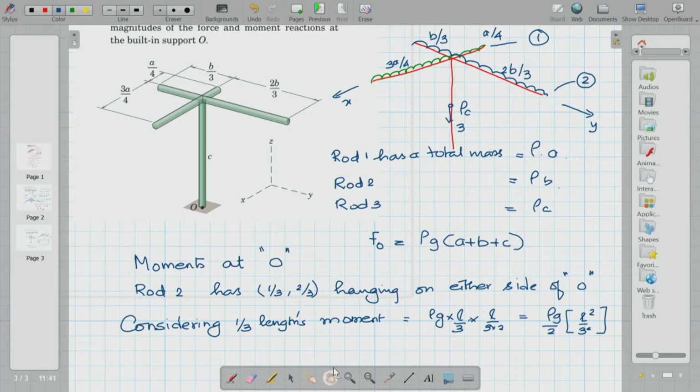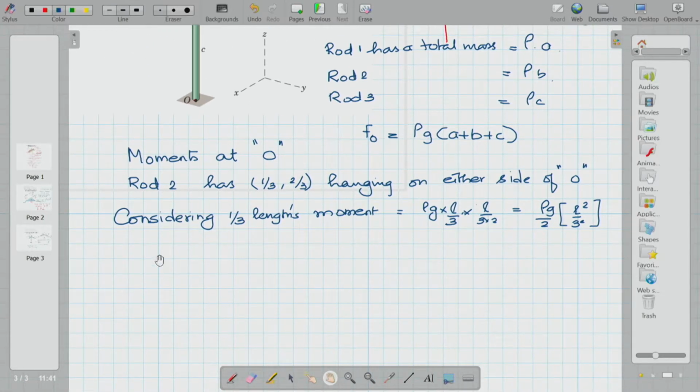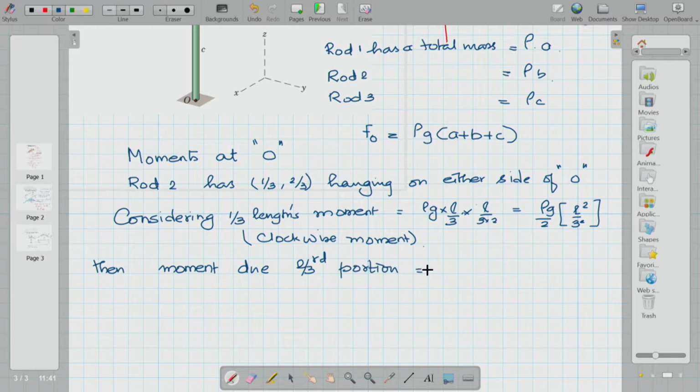And if this moment is clockwise, then the moment due to the 2/3 portion will be rho g by 2 into (2L by 3) the whole square. Here L is b, so the moment is going to be counterclockwise.